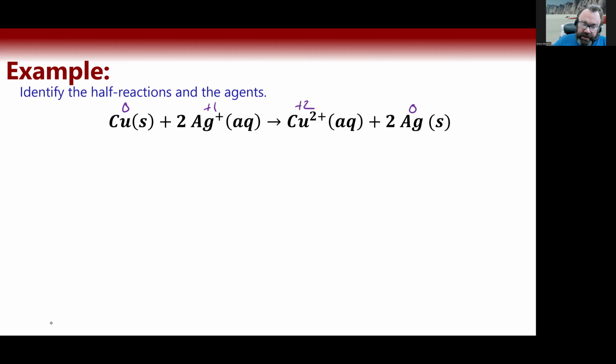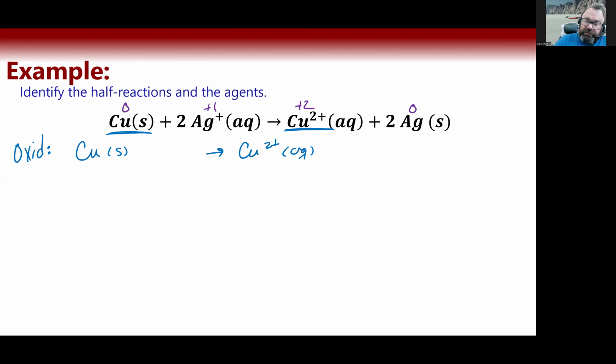Can we figure out what our oxidation half is? Remember, in the oxidation, your oxidation number has to go up. So copper went from 0 to +2. So that's our oxidation half. Copper solid turns into copper 2 plus aqueous.